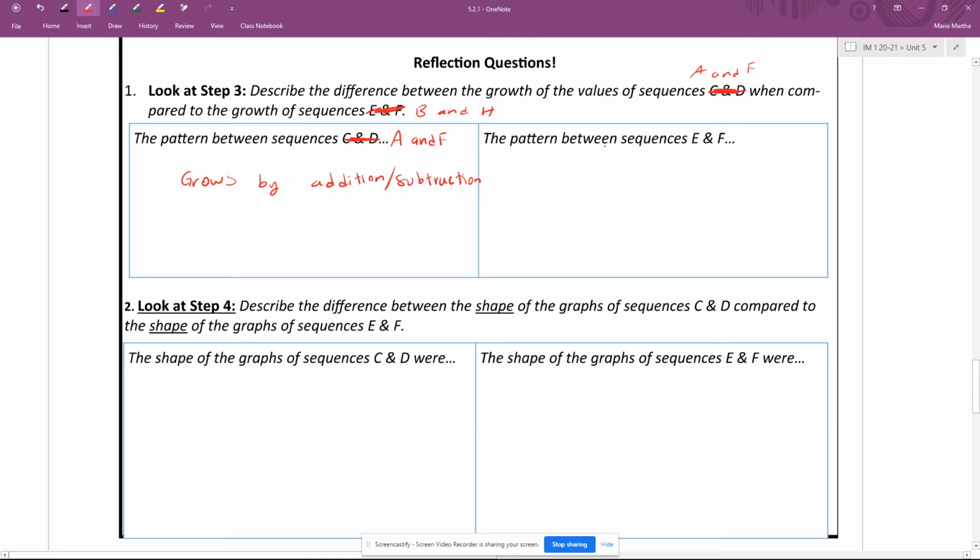And then the pattern between sequences B and H grows by multiplication or division.